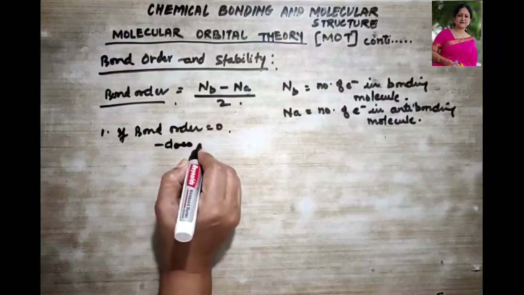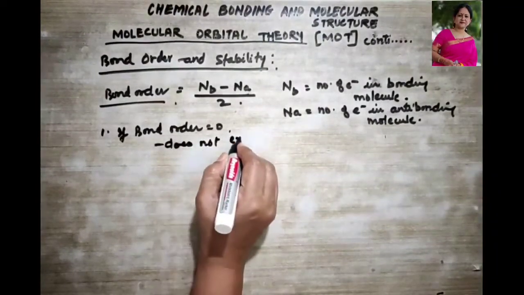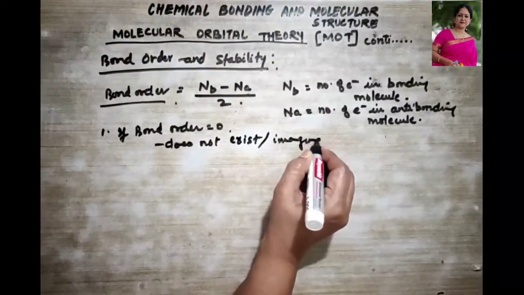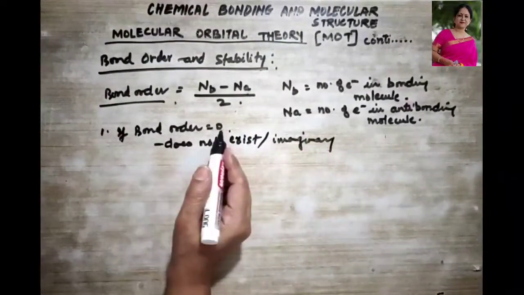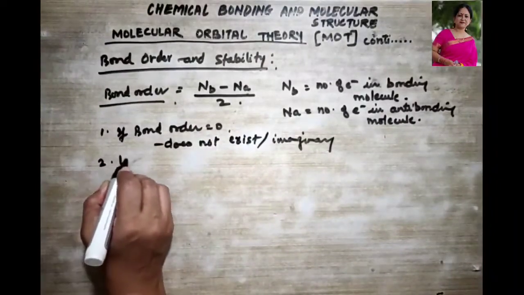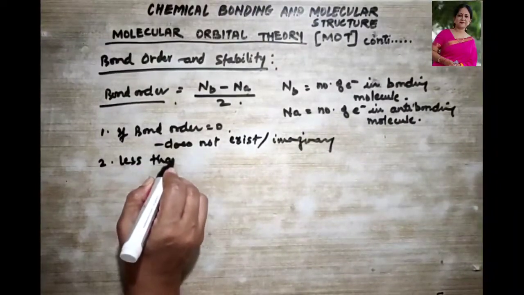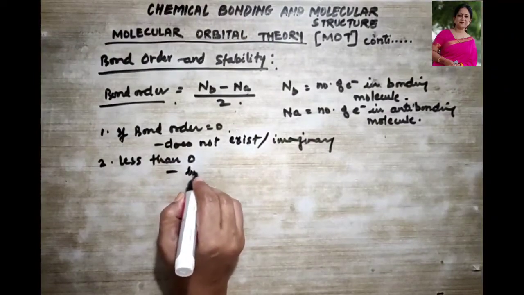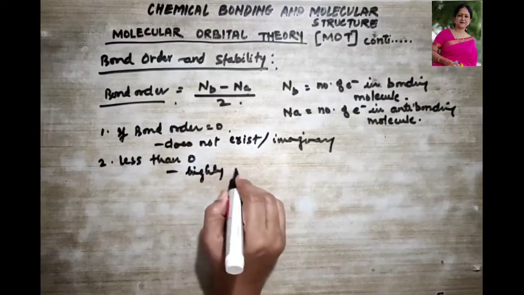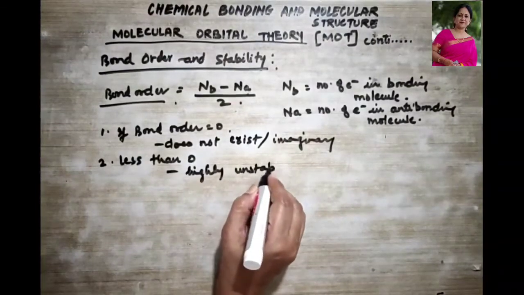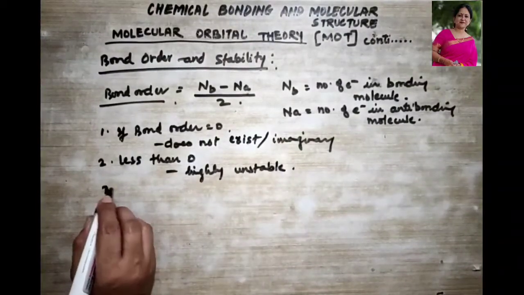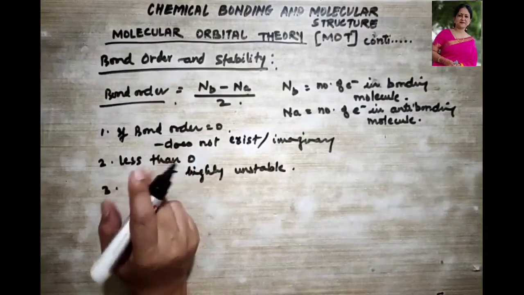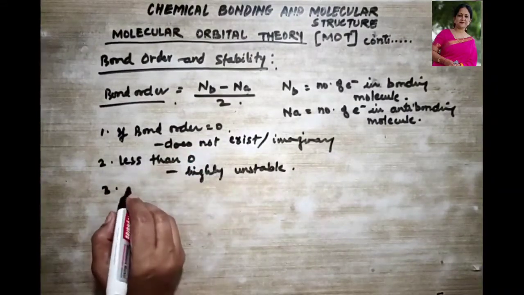But less than 0, number 2, less than 0 means the species is highly unstable, okay.